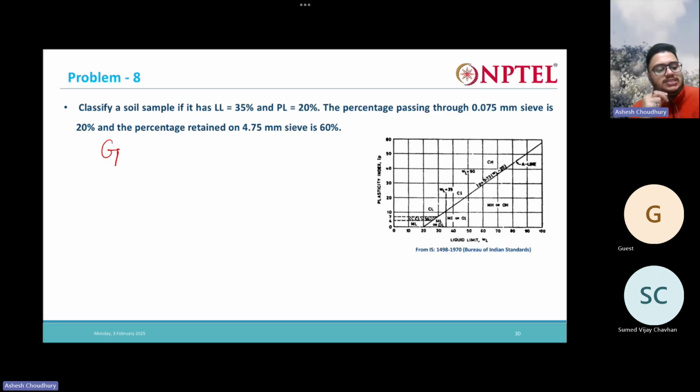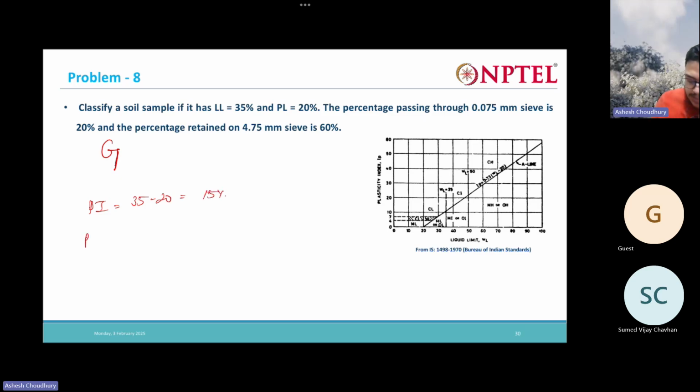If it is GC or GM, use whatever you did in the previous one. How did you decide whether it is a clay or silt? Same, whether it is plotting above or below the A line. So what is the plasticity index? Liquid limit minus plastic limit, 35 minus 20, 15%.